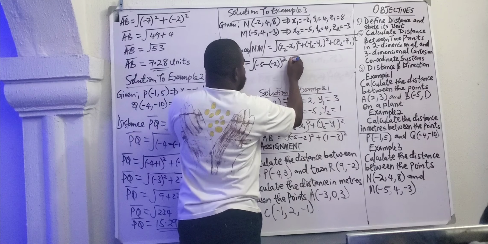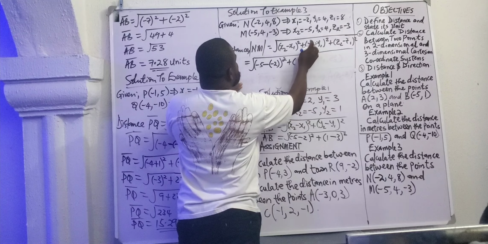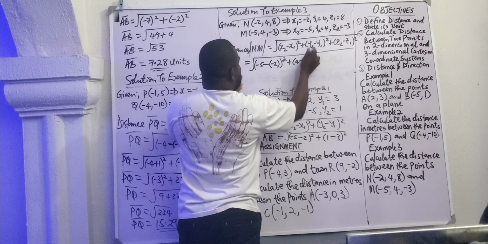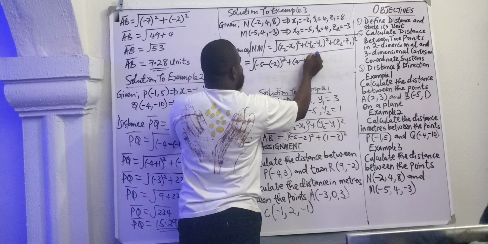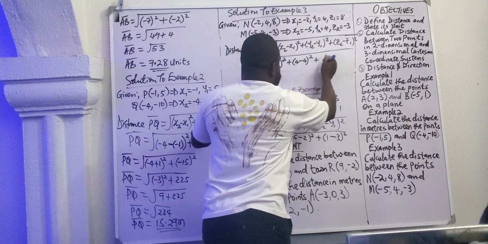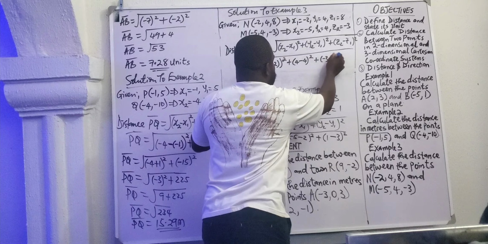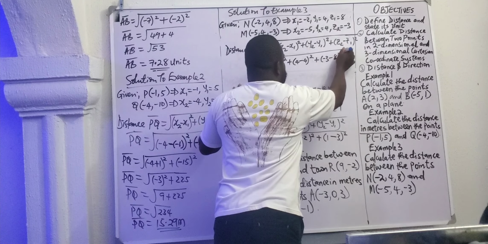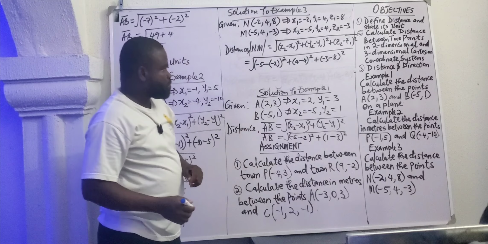So I will have plus y2 is 4, minus from the equation, y1 is 4, and square. Then we have z2 is -3, minus from the equation, z1 is 8, and square.